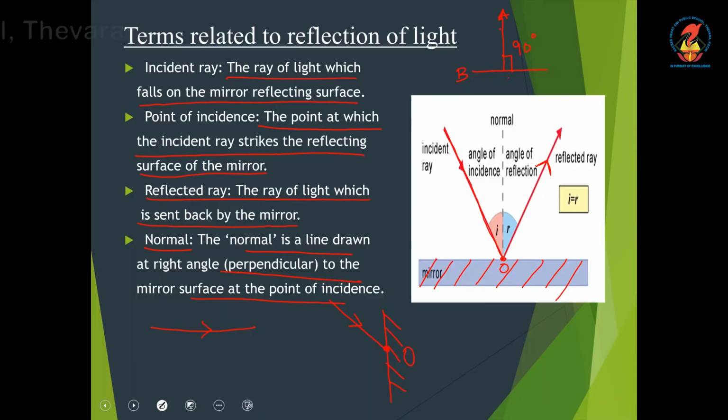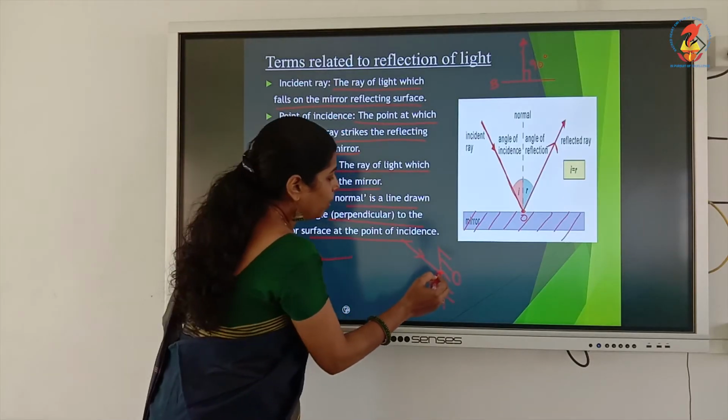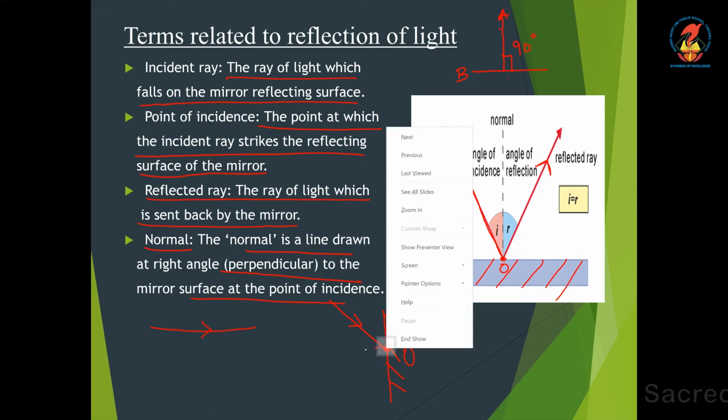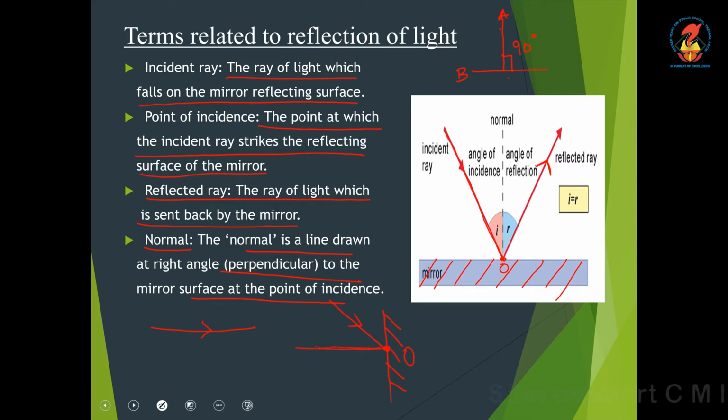In this way, from this point O, the point of incidence, I will draw a line. The angle between this normal and the mirror's reflecting surface is 90 degrees. So, this one is a normal.